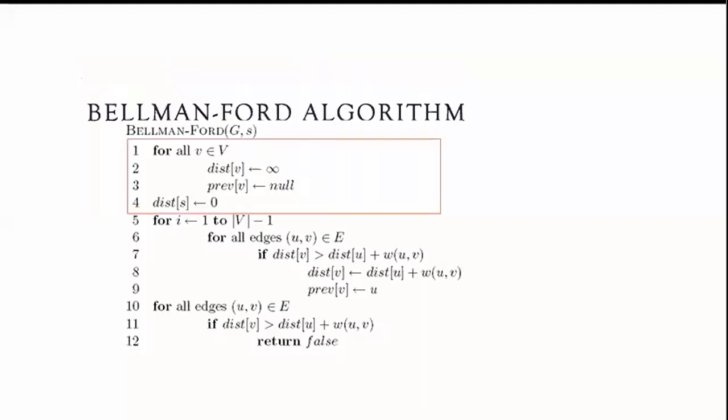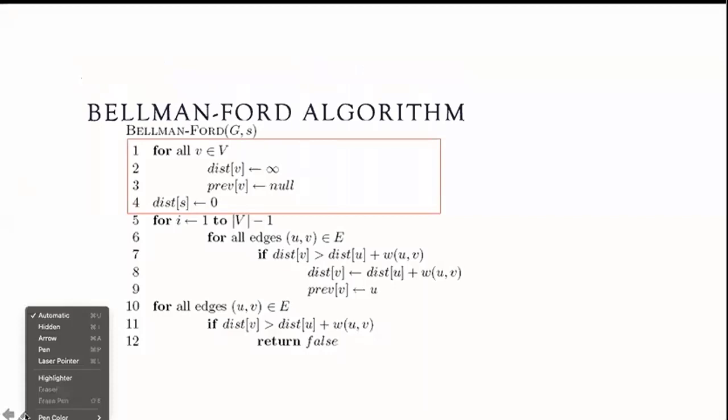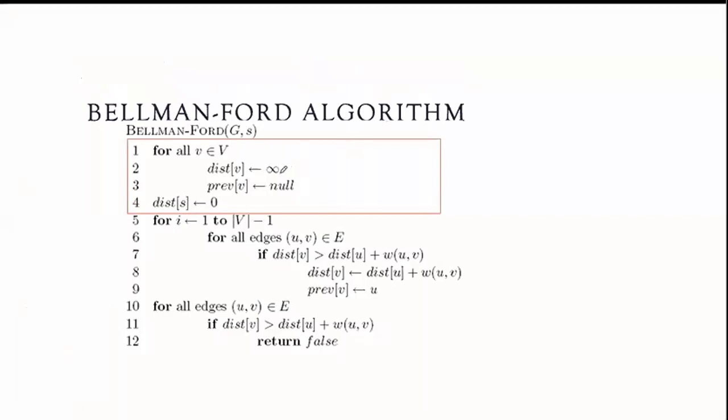The algorithm is as follows. First, you will initialize the distance of all the vertices to infinite. If there are eight vertices, you will assign an infinite value to all the vertices, and then the distance of the source is equal to zero.